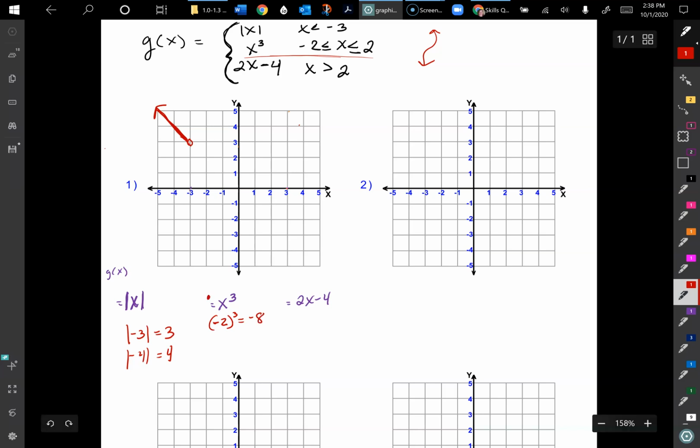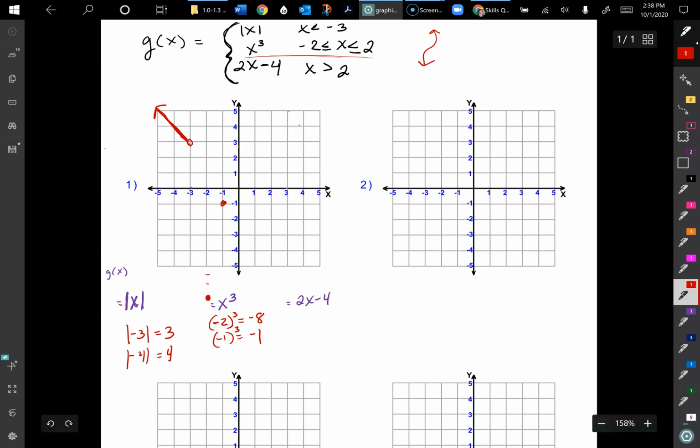So kind of got to go down on my chart a little here, 6, 7, 8. And then I also know if I put in -1, I would get -1. So I have -1 cubed, and that's going to be a point right about here. And this is a solid dot down the bottom.